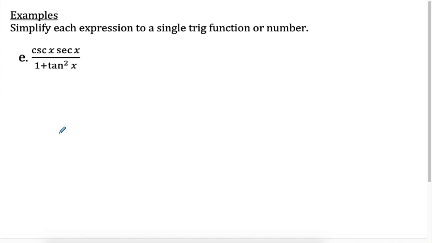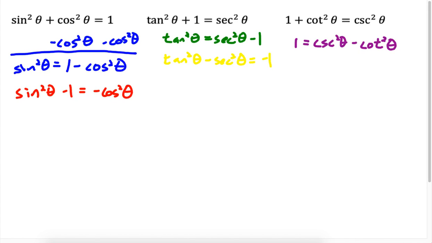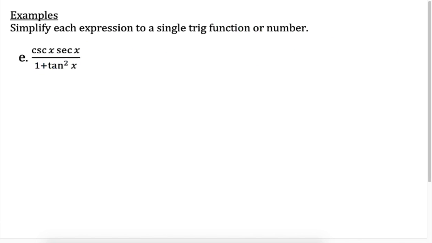Okay, this one looks a little bit grosser. All right, but in my denominator, right off the bat, I see a squared trig function. Well, again, let's think in terms of our Pythagorean identities. So 1 plus tangent squared. Okay, well, right here, 1 plus tangent squared is just equal to secant squared. So in my denominator there, I can say that that's just going to be over secant squared.